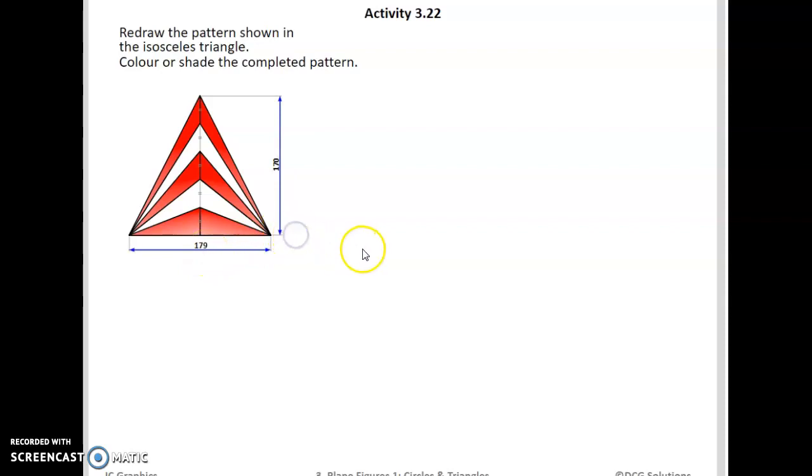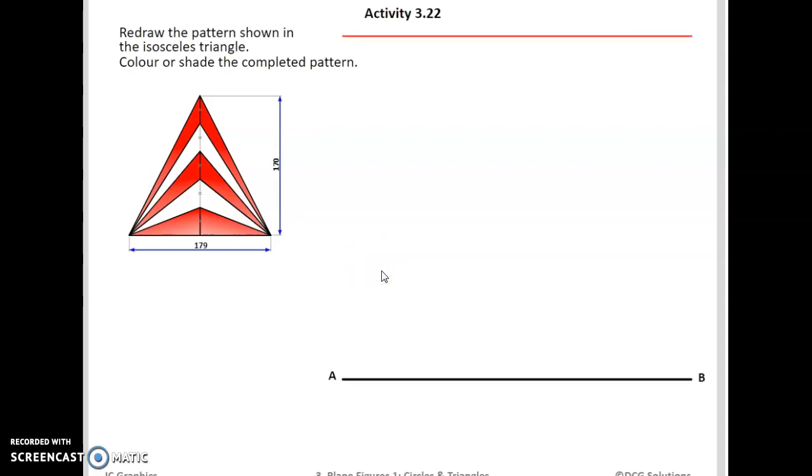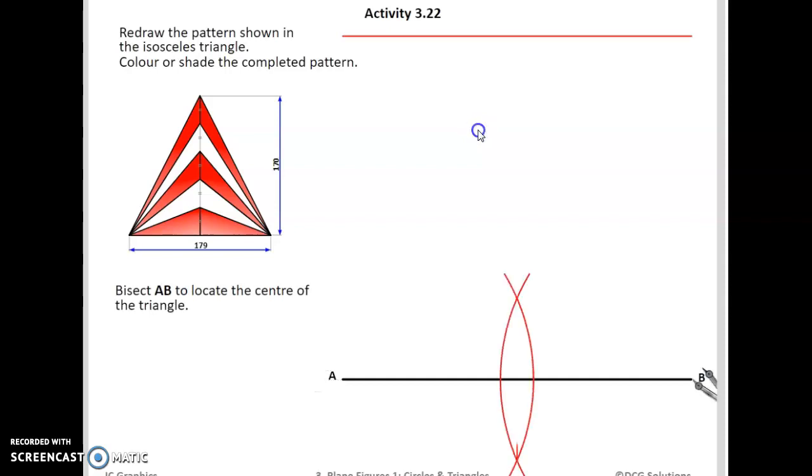So we're going to start by drawing a line, AB, and we'll make that 180. And I'll come up 170 and draw that line. You notice that that line is a red line, so it's a construction line. Next we're going to locate the center of the triangle. If we make it 180, that will just be 90 and 90, so it makes it easier.